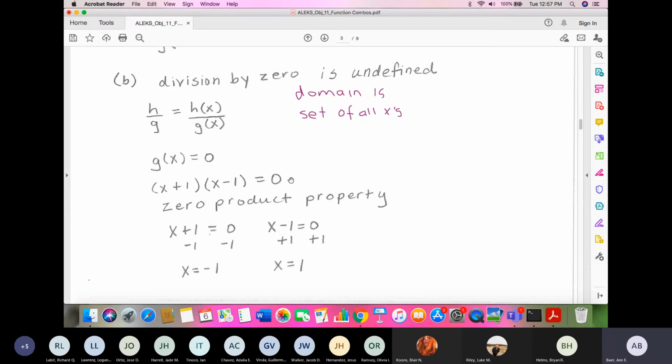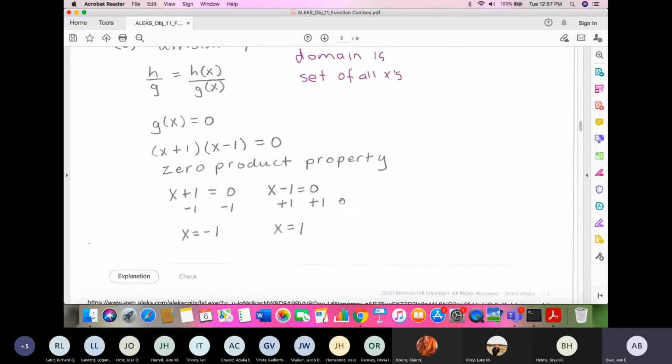And we want to see if there are any values of x that make that entire denominator equal to 0. We're going to use the zero product property, which we've been using quite a bit before, to figure out where this product is 0.